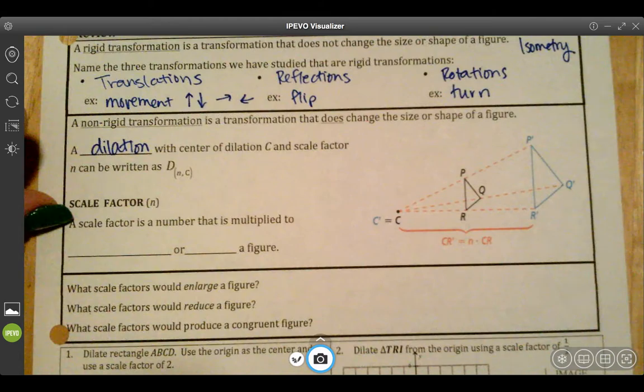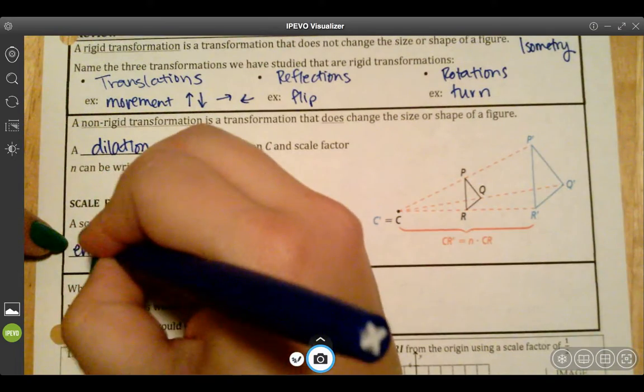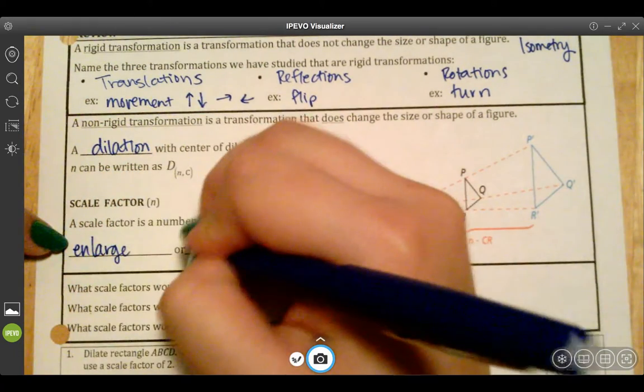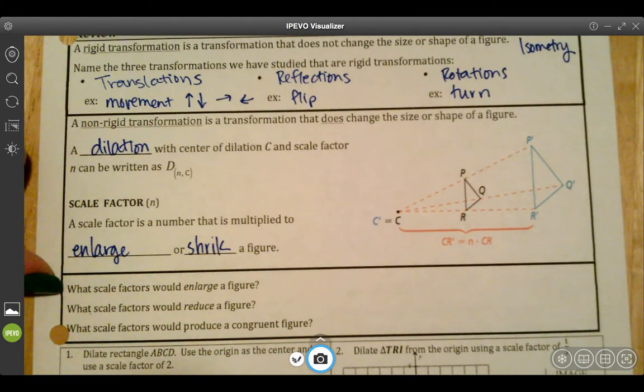The scale factor is the number that is multiplied to enlarge or shrink a figure. Enlarge, make it big. Shrink, make it small.